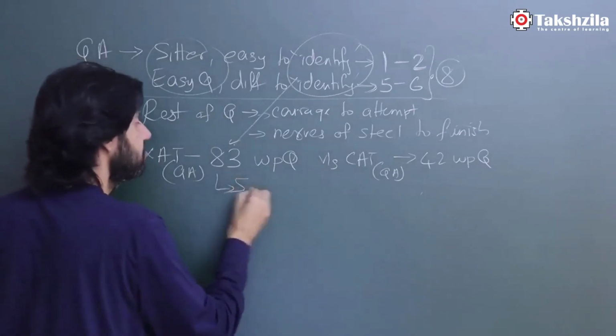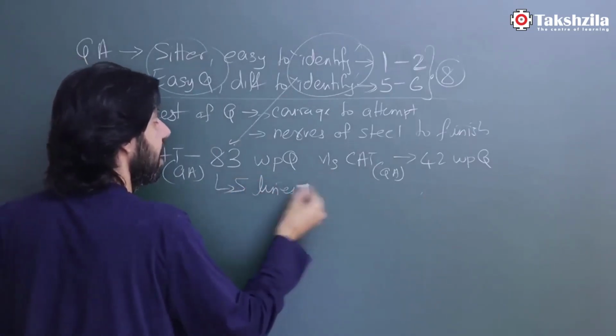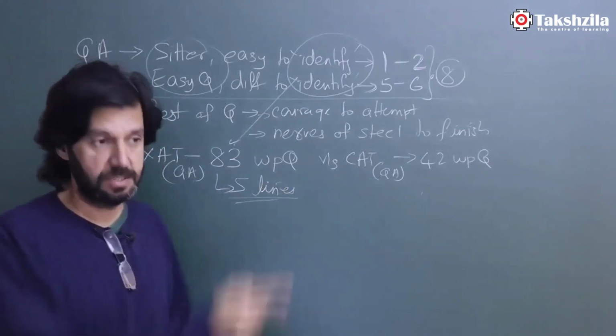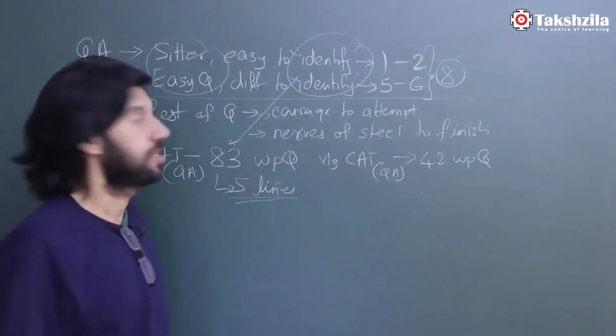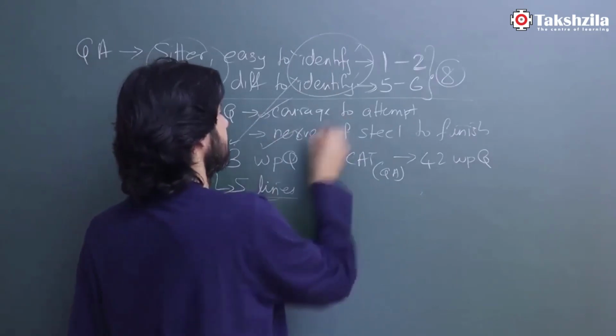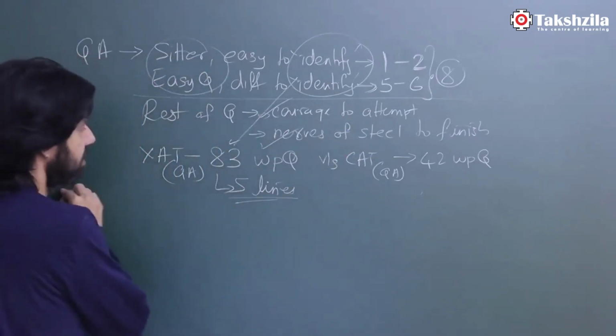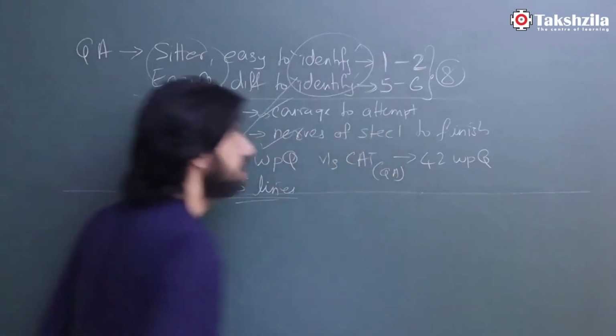So this means 5 lines for every question. On an average, that question is made up of 5 lines. So therefore, I'm using these words continuously. So I think XAT QA is decently tough.